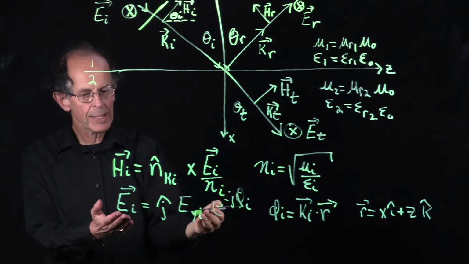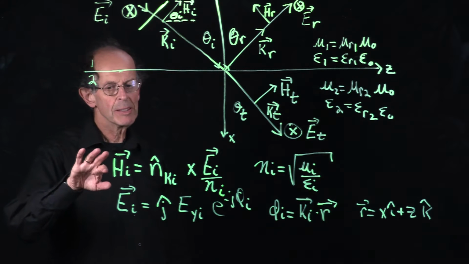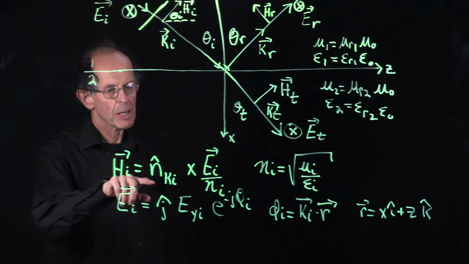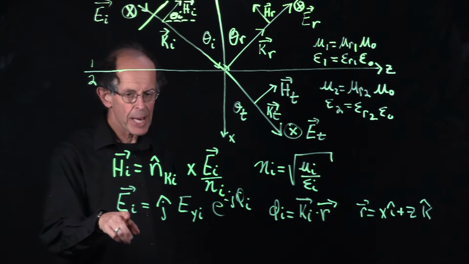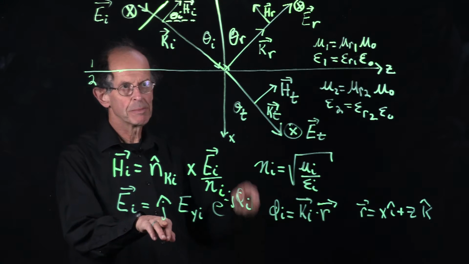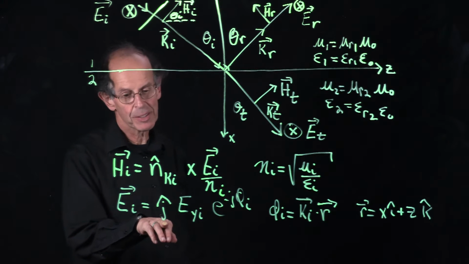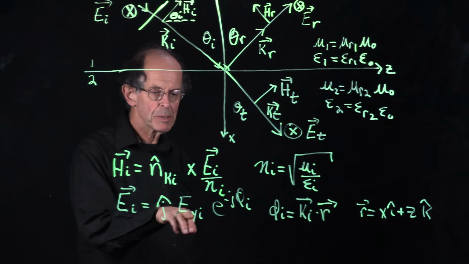So EI now is what we have to look at. If we have EI, then we can compute HI using the cross product. Let's do that. EI: first of all, it needs a direction into the blackboard or into the light board. That's the direction. Then it needs an amplitude and a phase.